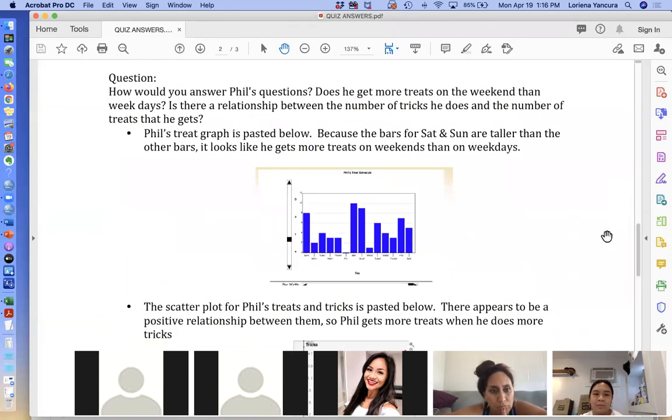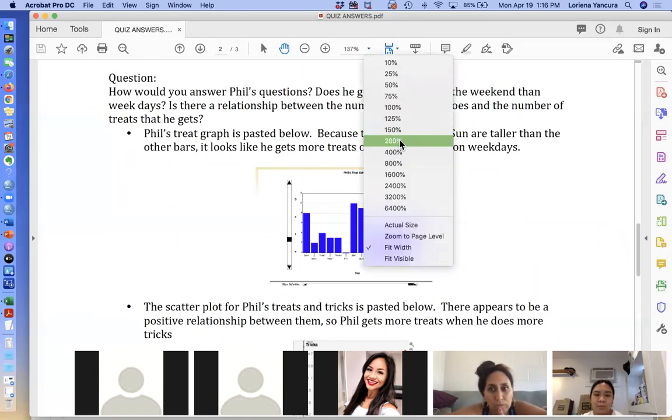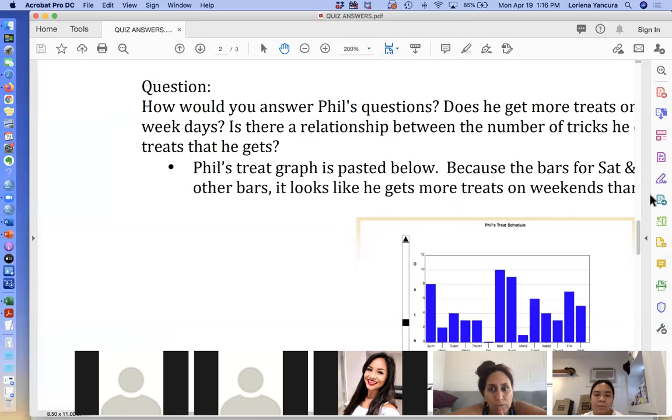So that gave you the number of treats per day that Philip got. And what you would have to do is graph them out. Here's a better view of the graph for Lucky Phil.